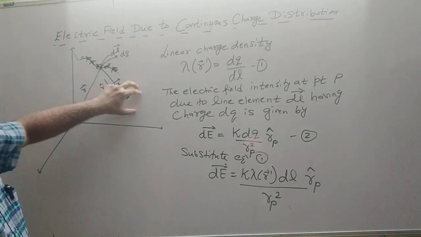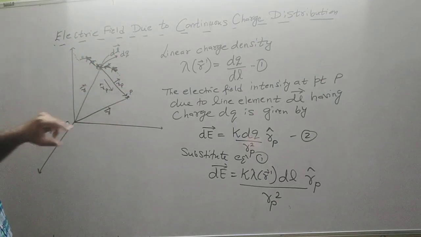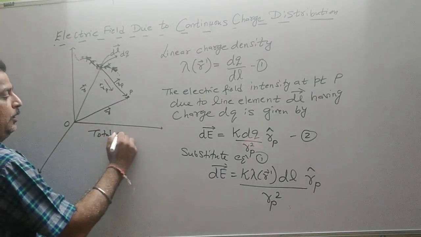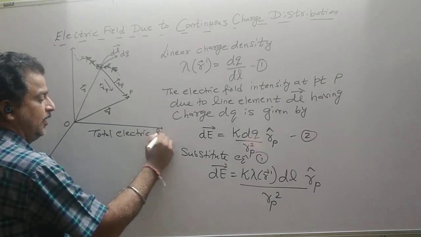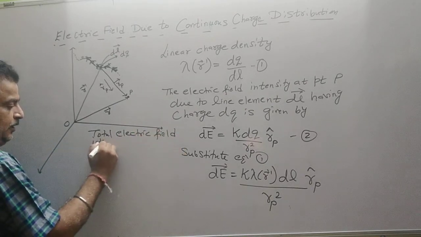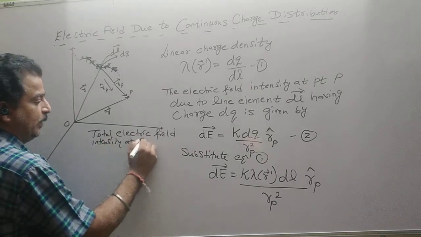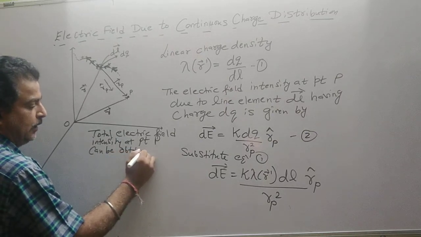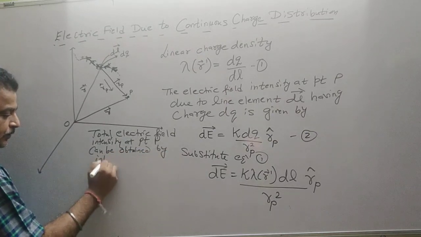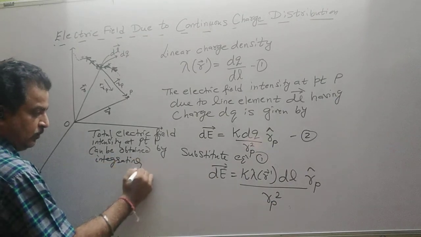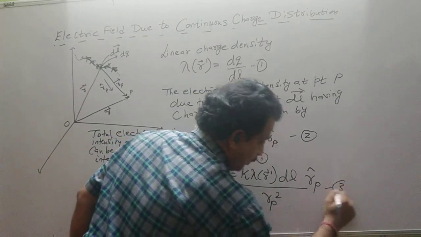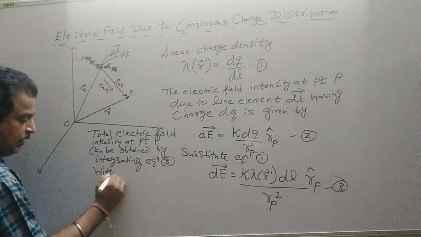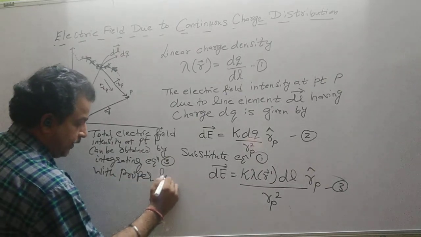Now I want to find out the total electric field intensity at point P due to the entire wire. So the total electric field intensity at point P can be obtained by integrating equation, let us name this as equation number 3, with proper limits.